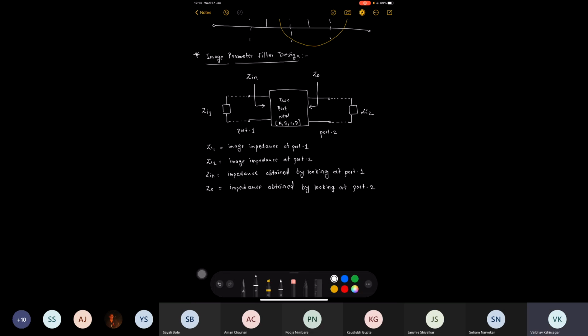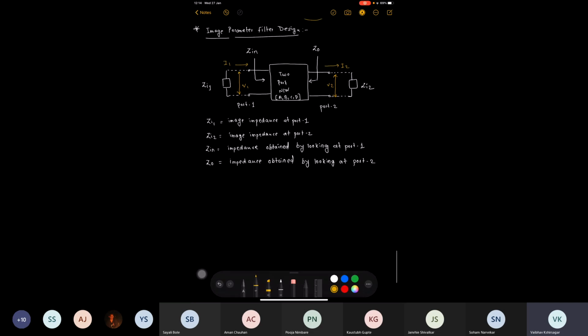Let us say at the input we have voltage V1 and current I1, and similarly at the output port we have voltage V2 and current I2. So we have four parameters over here, two voltages and two currents, voltages V1 and V2 and currents I1 and I2.